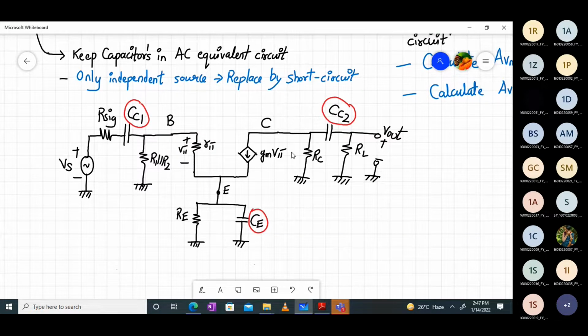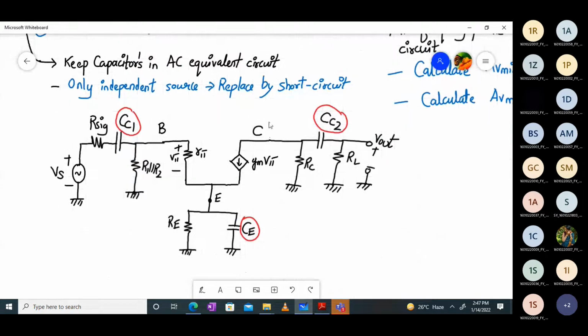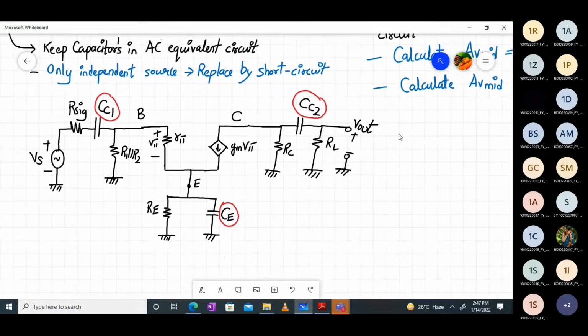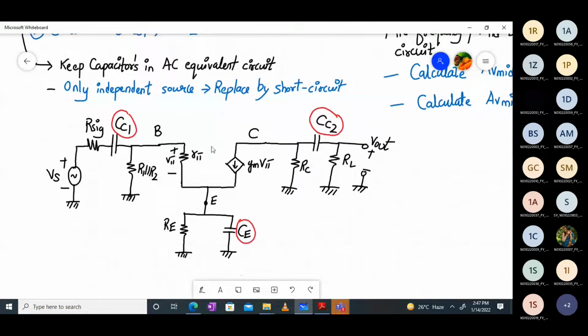So I request all of you to draw. You will not be able to draw this on your own, but when I write something over here, you also write along with me. One way to check whether this is correct: in your mind, replace all the capacitors by a short circuit. Don't do it on paper.